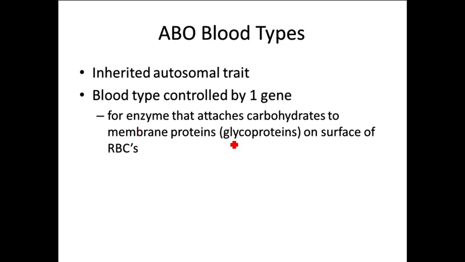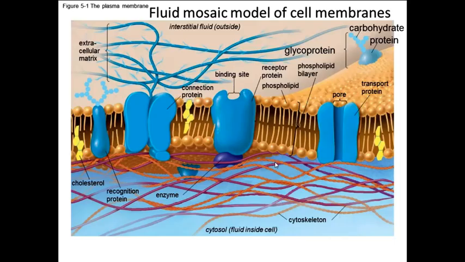And we call these proteins glycoproteins because they have part sugar and part protein. Okay? And their whole purpose is self-identification. So here's the diagram of the cell membrane that we had in our cell membrane lecture way back. And this here is a glycoprotein, and it has both the protein part and the carbohydrate part, and so that's what we're talking about.